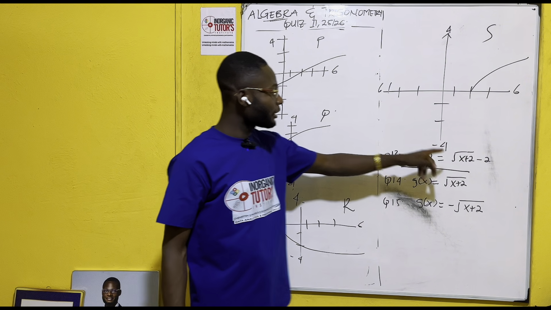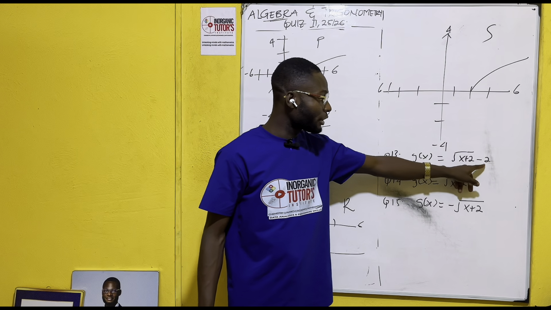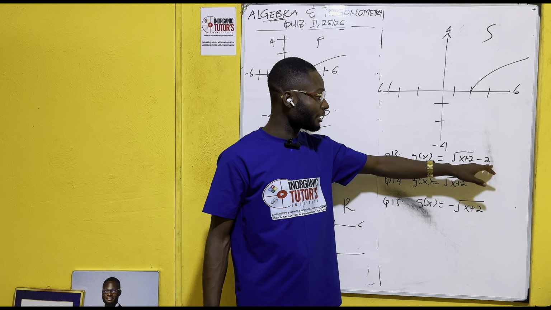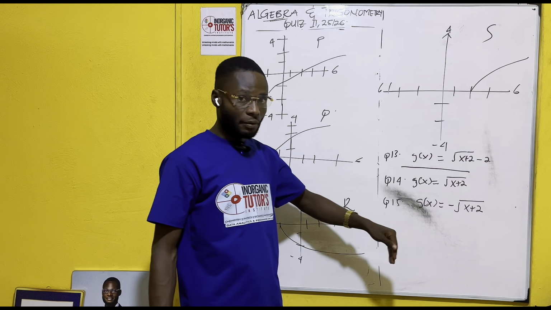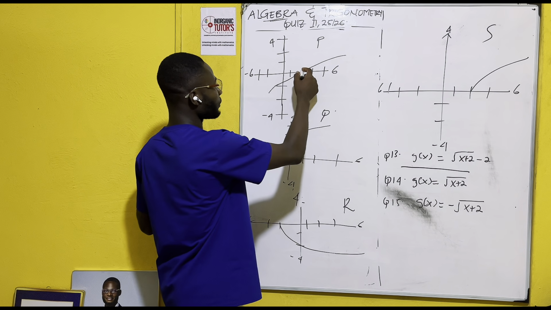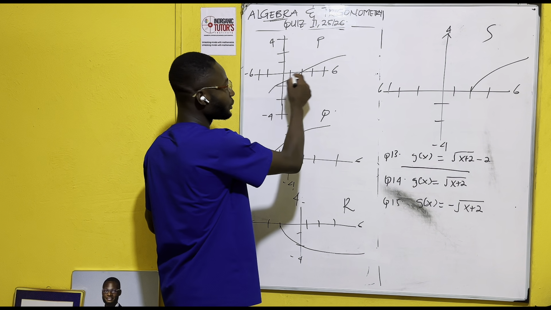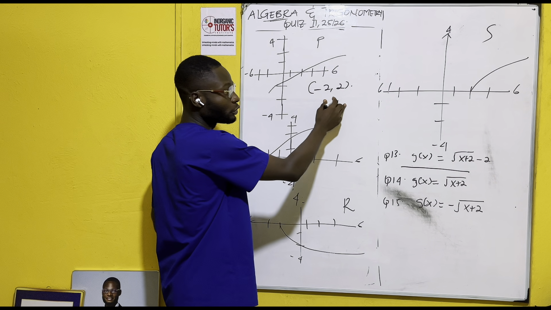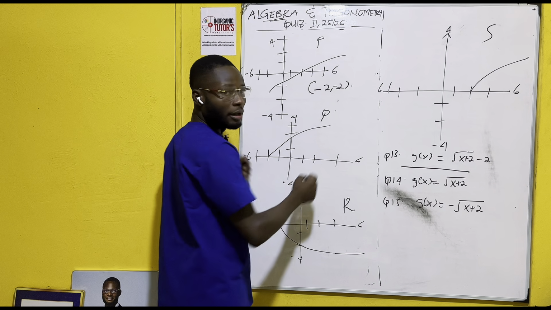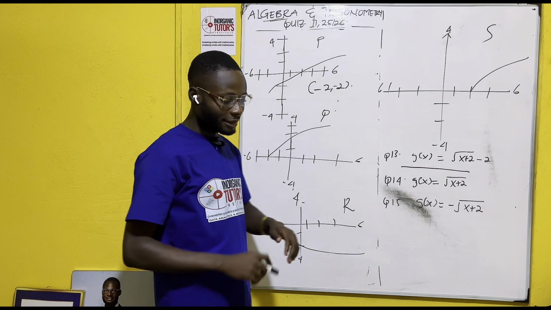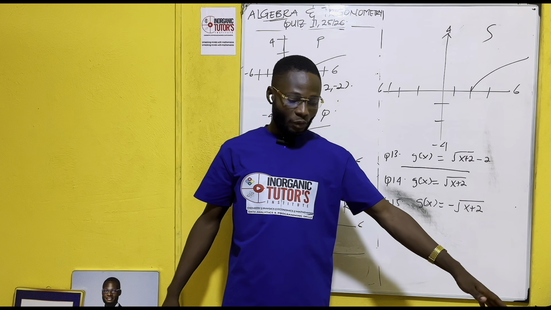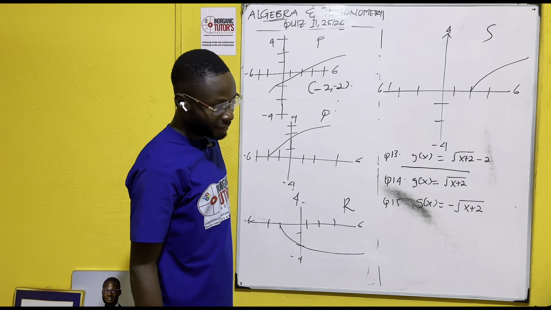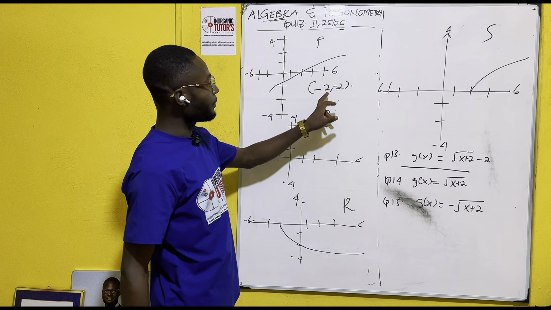And from the function again, we have a vertical downward shift, so it moves down by negative 2. So the point is minus 2, minus 2. That is question 13. The points are minus 2, minus 2.